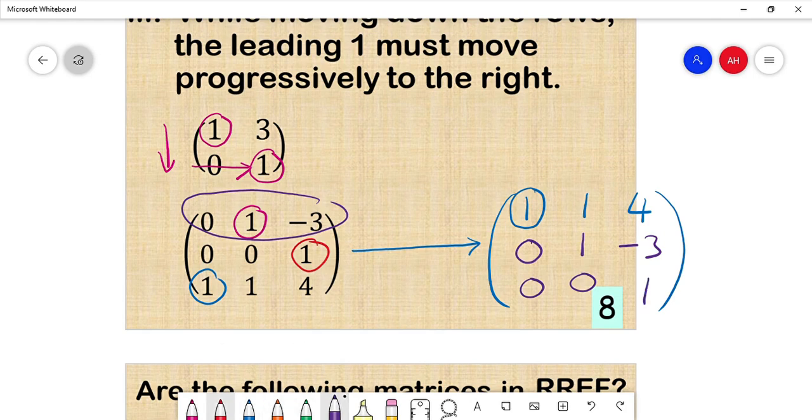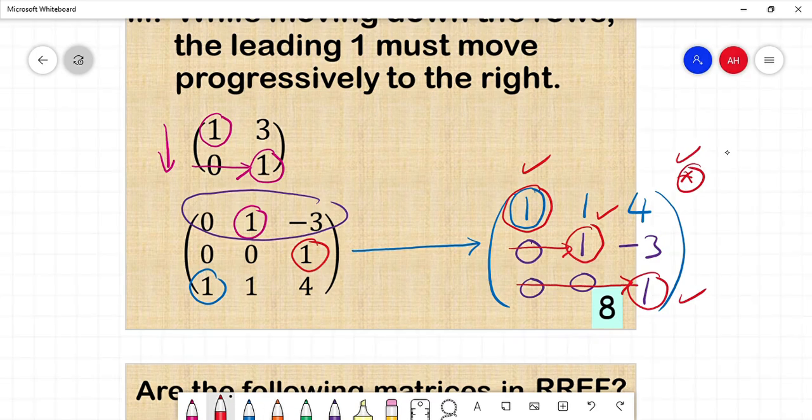Now let's check the leading one. This is the leading one for row number 1, good. The leading one for row number 2, progressively to the right, good enough. The leading one for row number 3 is over here, also progressively to the right. Therefore, this particular matrix fulfills requirement number 3.